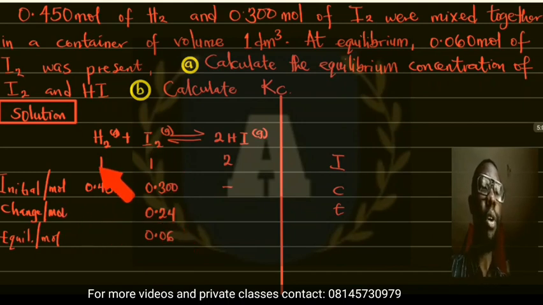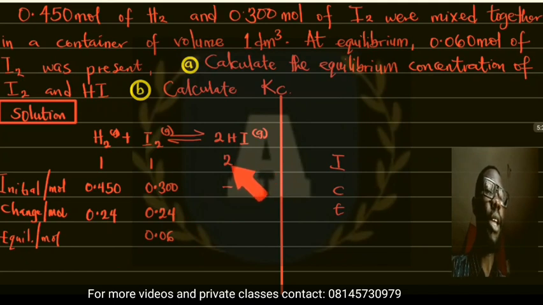Meanwhile, because the mole ratio of hydrogen to iodine is 1:1 and the change in mole for iodine is 0.24, therefore the change in mole for hydrogen will also be 0.24 in mole as well. However, now we compare this with this. We have 2 moles of hydrogen iodide in the mole ratio.